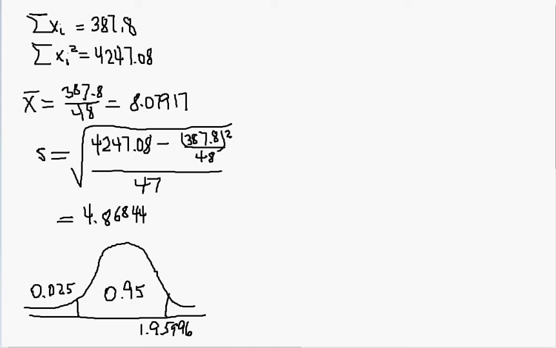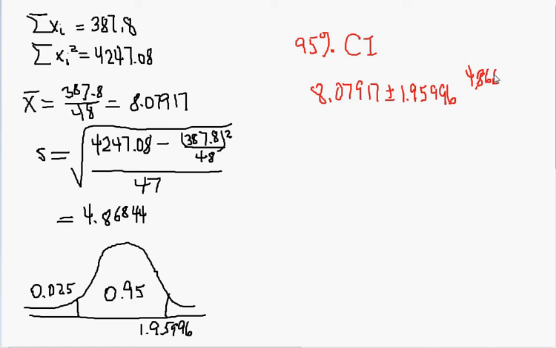And so using this information, the 95% confidence interval works out to be the mean, 8.07917, plus or minus 1.95996 times S, which is 4.86844, divided by the square root of 48.